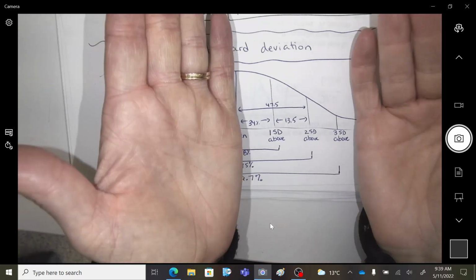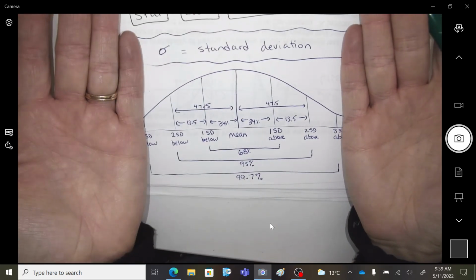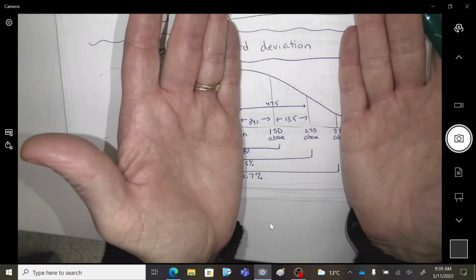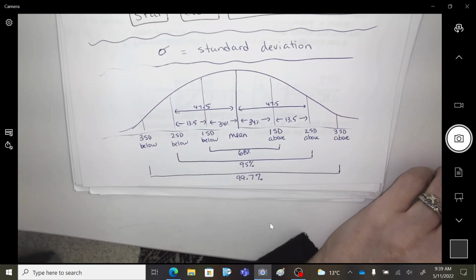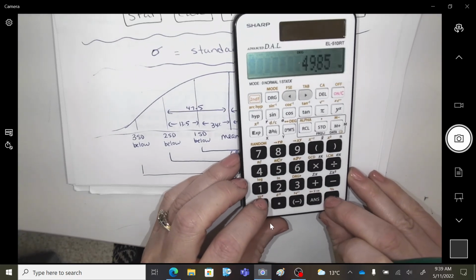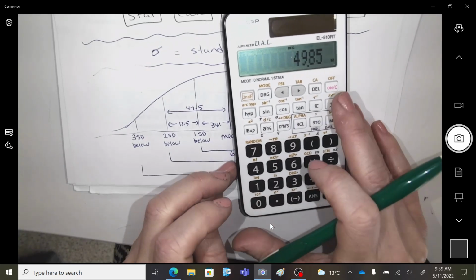Now this was 99.7, so I'm going to cut that in half. So 99.7 divided by 2 is 49.85.